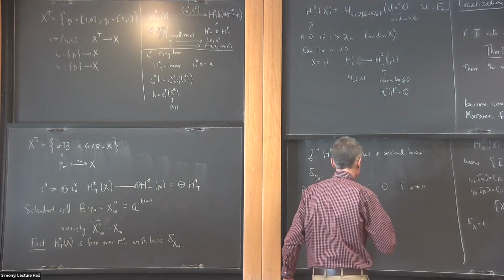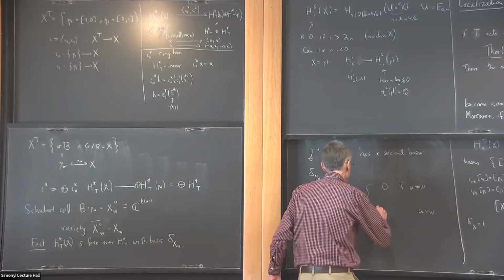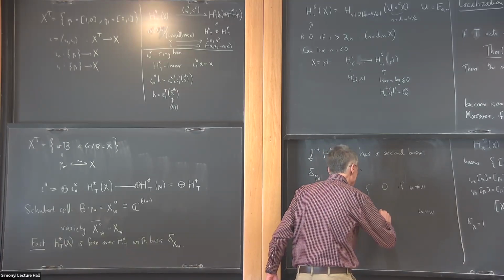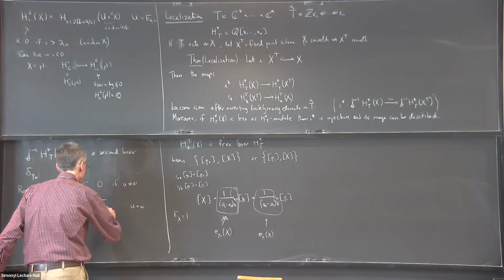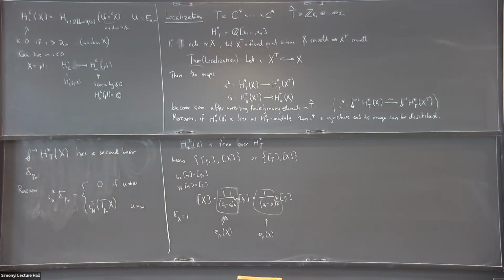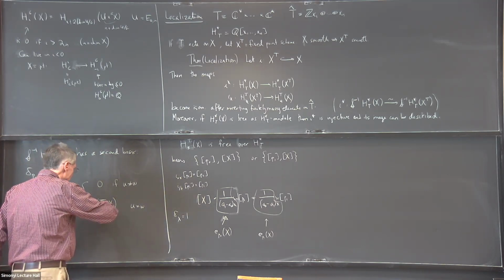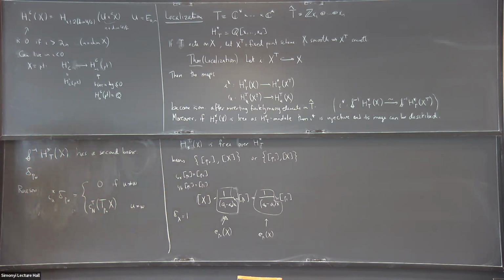If they do intersect, in other words if u is equal to w, it's the top Chern class of the tangent bundle at P_w of X. I'll tell you in a minute what these Chern classes are. This is a representation of the torus, so I can take it as an equivariant top Chern class. And this follows from what's called the self-intersection formula.